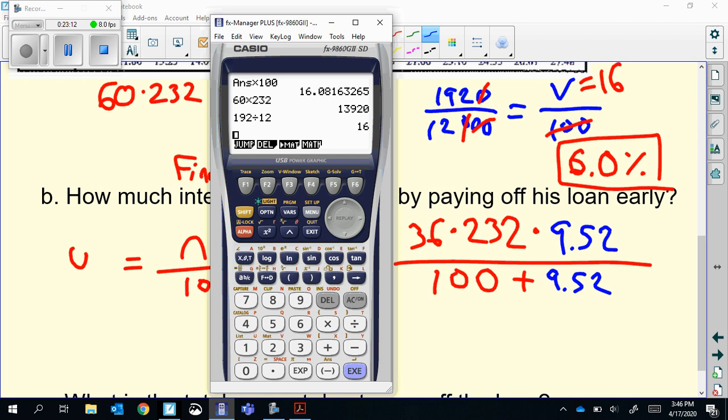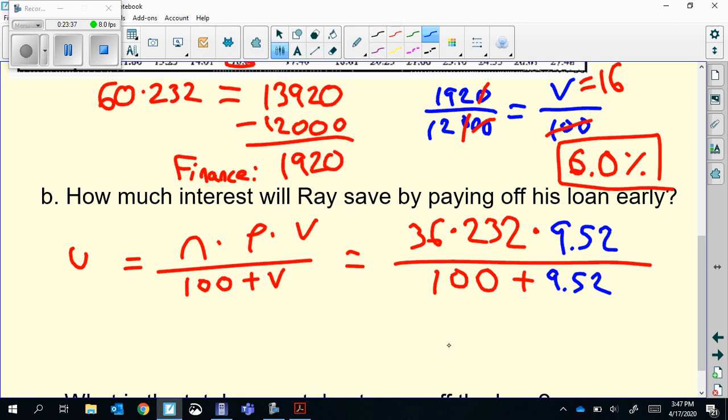So we plug that into our calculator, 36 times 232 times 9.52 divided by 109.52. Little mental math there. $725. It's actually going to round up to $726.